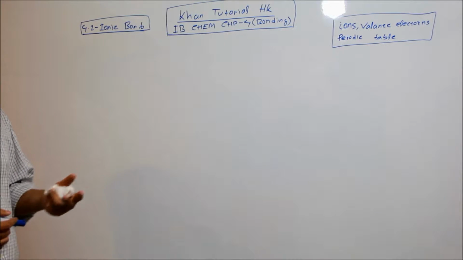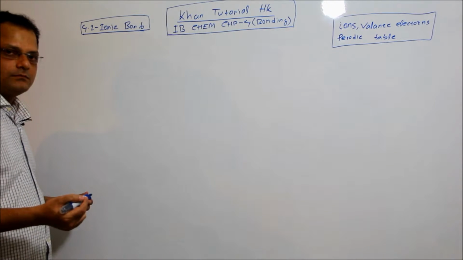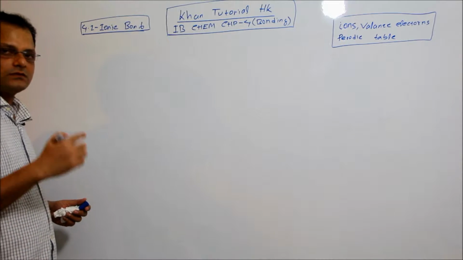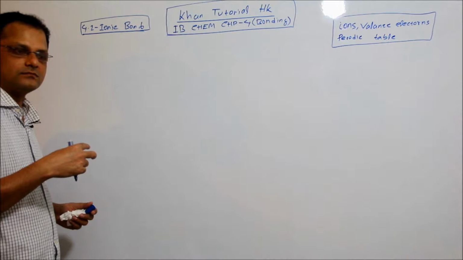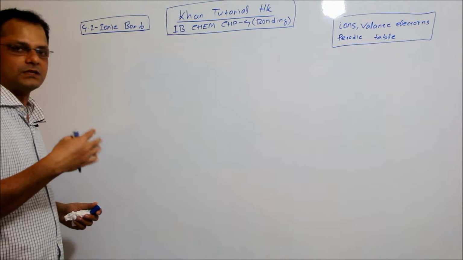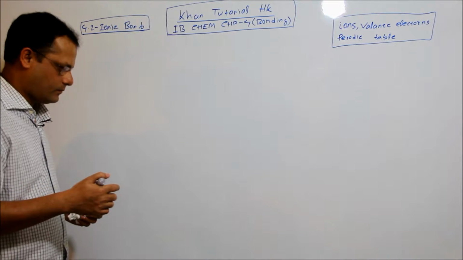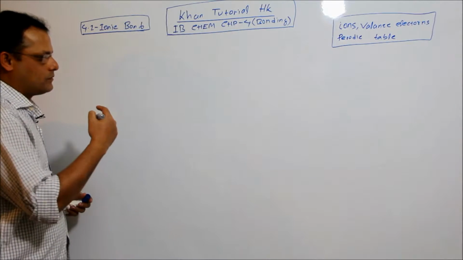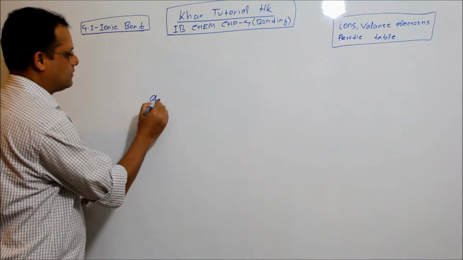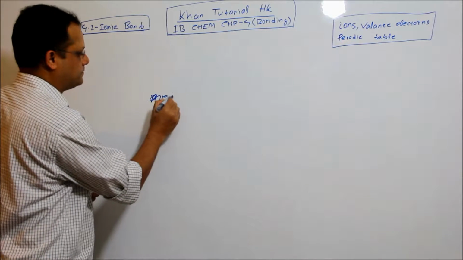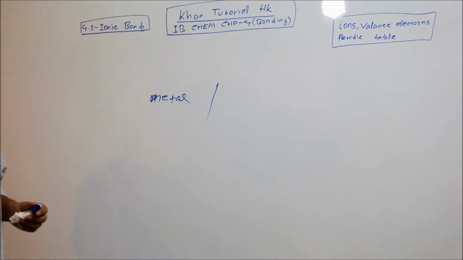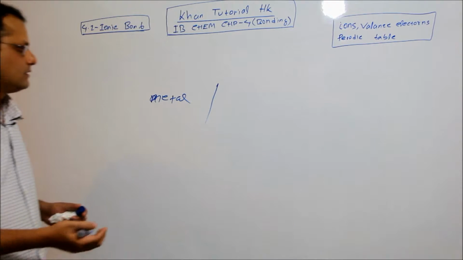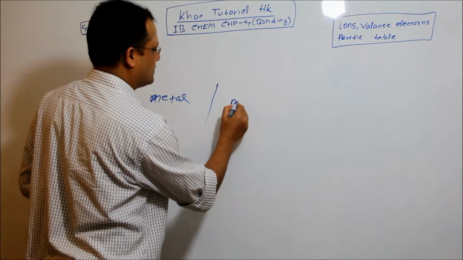Who can lose electrons and become positive ions? If you lose electrons, your plus becomes excess. Those who can lose electrons are called metals. And those who can gain electrons, after gaining, their minus becomes excess, and they are called non-metals.